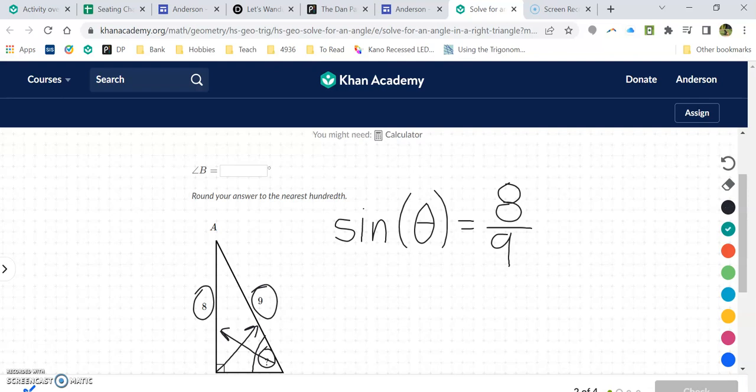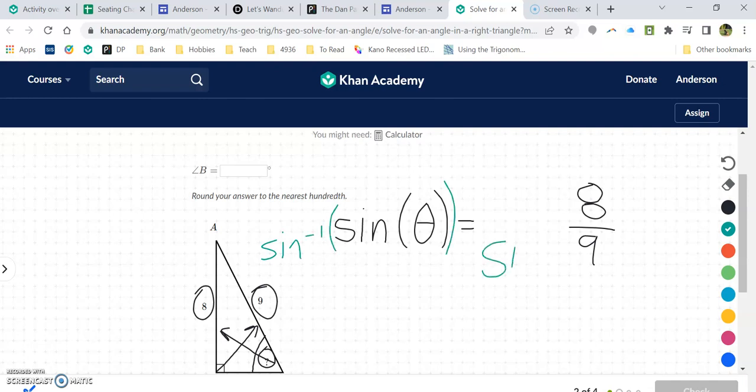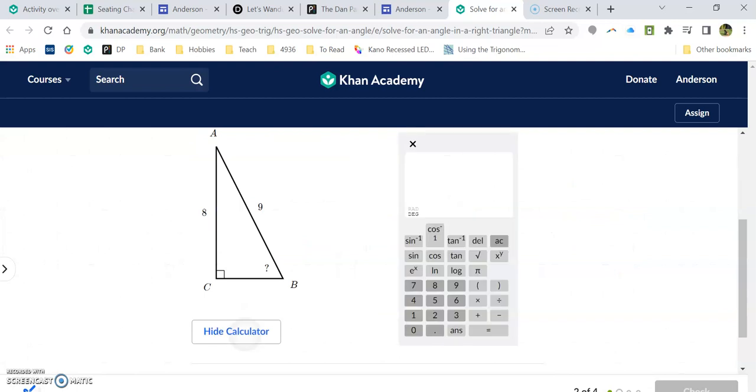And I'll do the same thing as last time. Give myself a little more space. 8 over 9. Then we're going to take the inverse sine. So, gone, gone, theta is left over, and that equals inverse sine of 8 over 9.